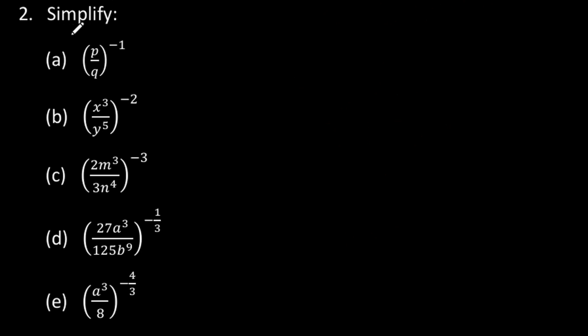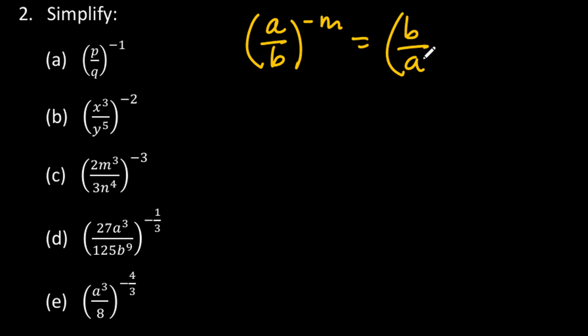Then the second question here deals with the exponential law that says a over b to the negative m equals b over a to the m. In other words, when we have a fraction with a negative power, we can invert the fraction and the power becomes positive.